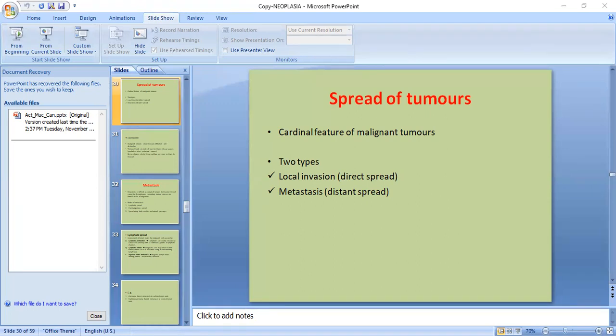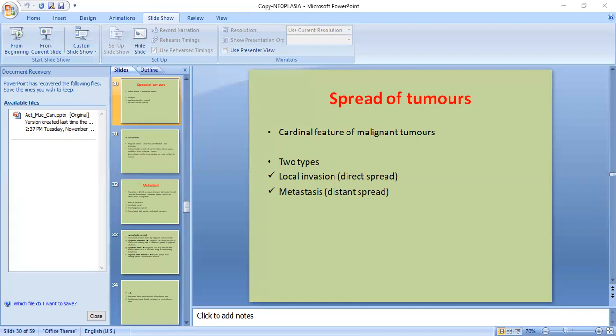For example, 1. Carcinoma of the stomach seeding to both ovaries. 2. Carcinoma of bronchus and breast spreading to pleural and peritoneal cavities.